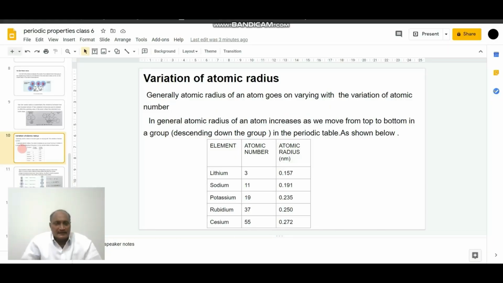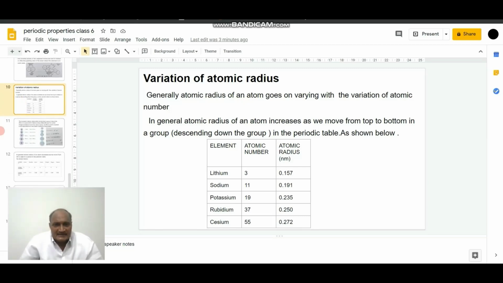Coming to the important aspect of the atomic radius part, that is variation of atomic radius. Generally, atomic radius of an atom goes on varying with the variation of atomic number.